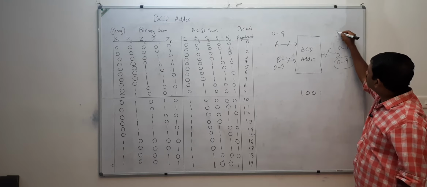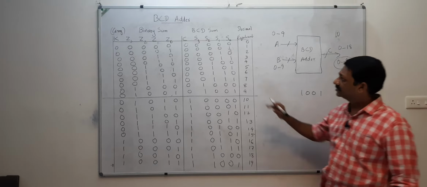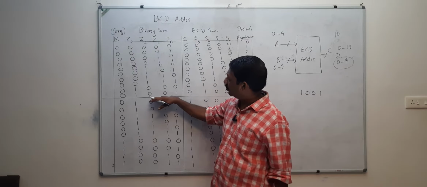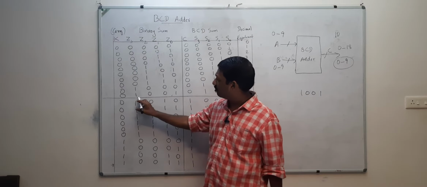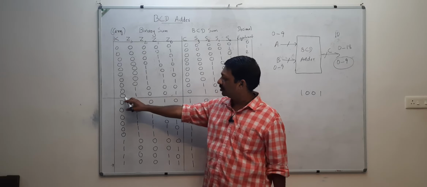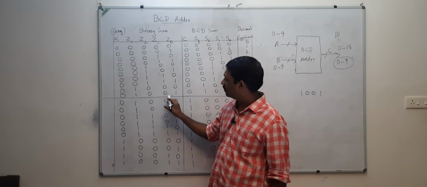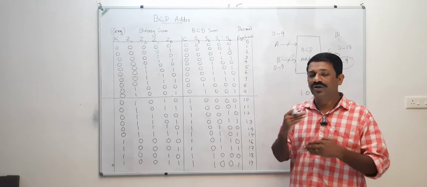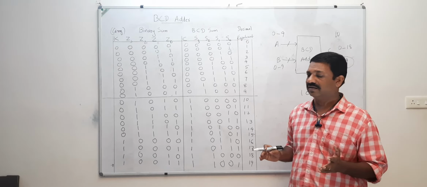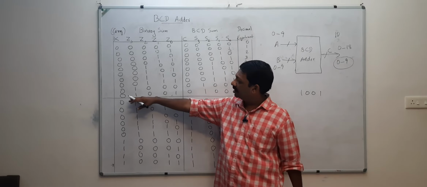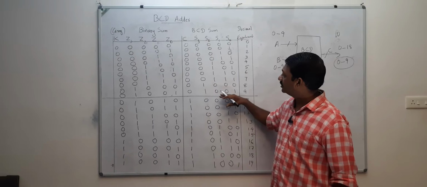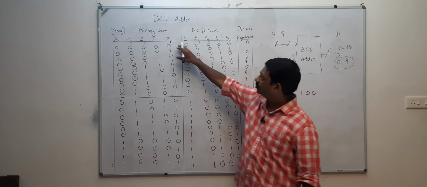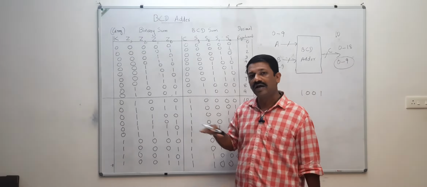But if the result generated is 10, what will happen? If the binary sum is less than or equal to 9, that means up to 0, 1, 0, 0, 1, with the carry generated 0 and 1, 0, 0, 1 being 9, then you have to bypass that. There is no need for any adjustment there. You can bypass the result to the BCD. Binary and BCD are the same up to this point.